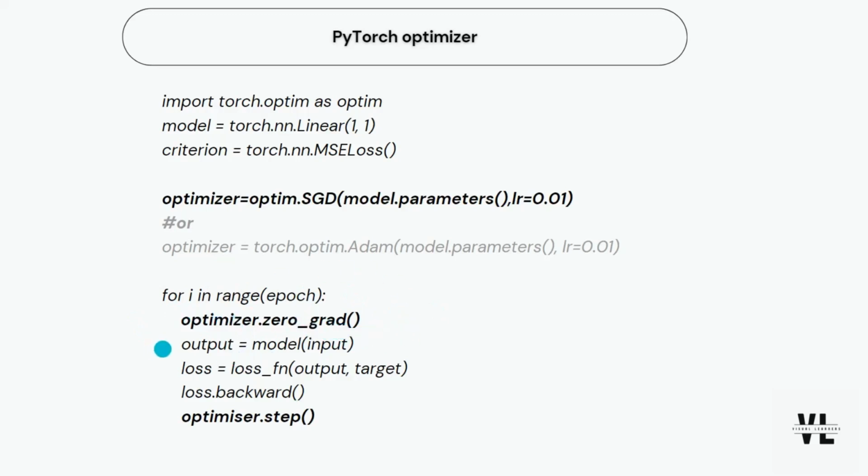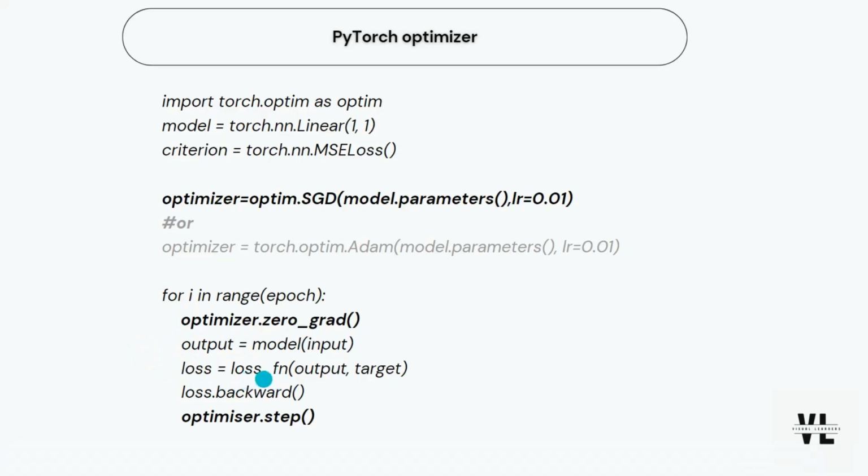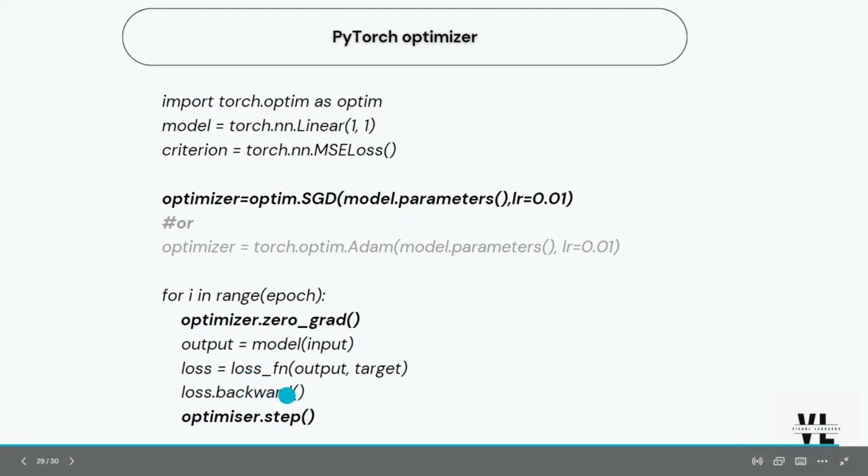First, we need a forward pass. If you have an input, you can pass the input into your model, which is the model that we have created here, and the output from this function is going to be assigned to this variable. Second, we need to find the loss between the output and the target.